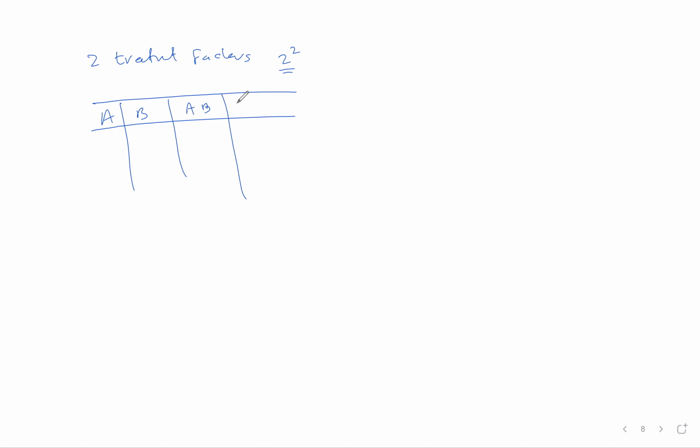And only one replicate. So this one is minus, minus, plus, plus, minus, minus, minus, plus, minus, plus, plus, plus. So you tested each treatment only one time. You have only one value under each combination or under each treatment.